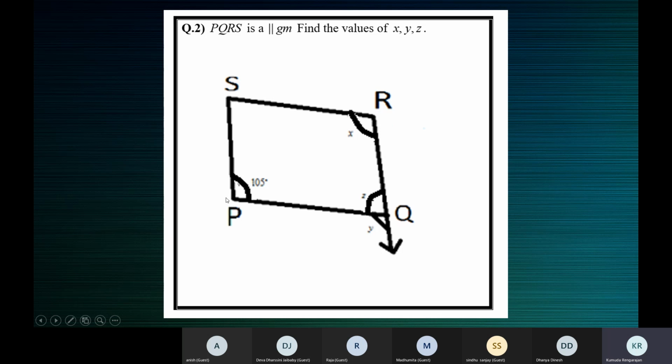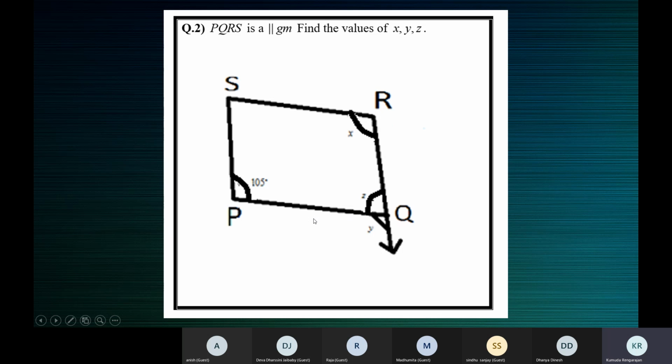So we have to mention the parallel lines. PQ is parallel to SR and RQ is a transversal. X is equal to Y because they are corresponding angles, and since the lines are parallel, they're equal. If the lines are not parallel, they're still called corresponding angles.